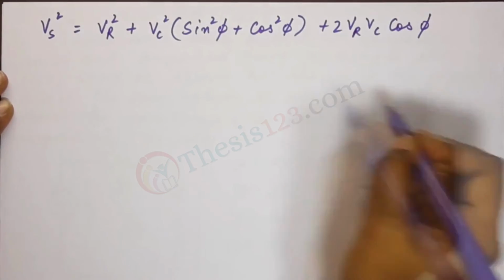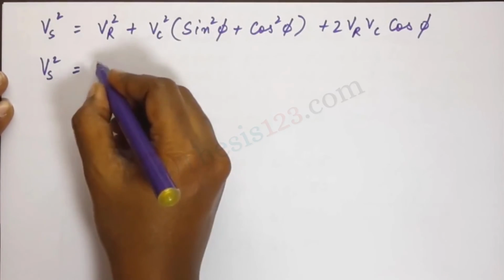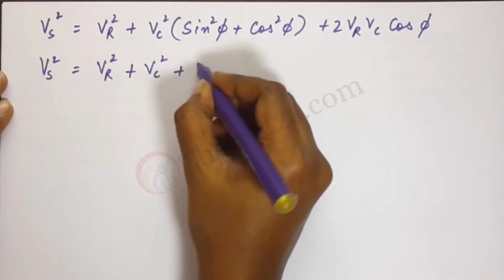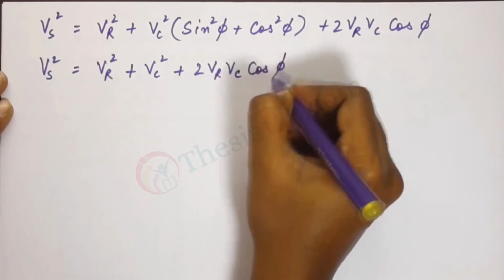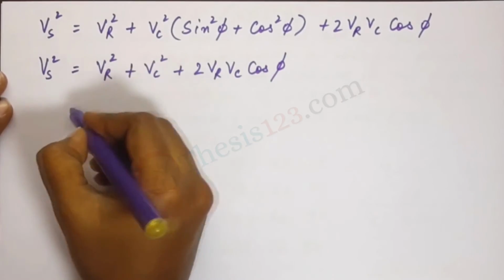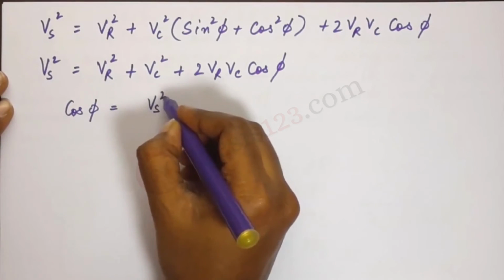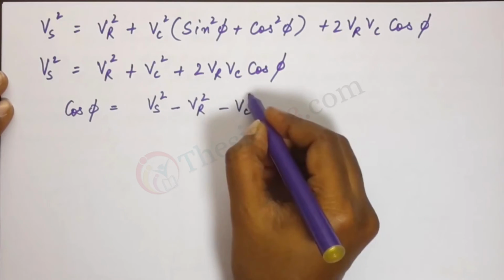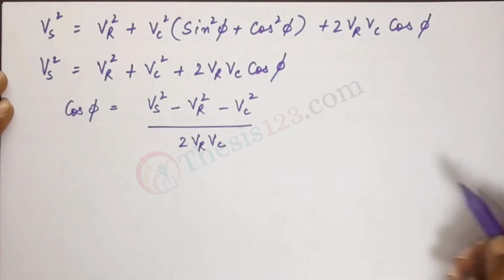So this is our expression. We used the relation earlier to turn this into 1. So we get VR square plus VC square plus 2 VR VC cos phi. From here we can take out the expression for cos phi. Cos phi can be written as Vs square minus VR square minus VC square divided by 2 VR VC.